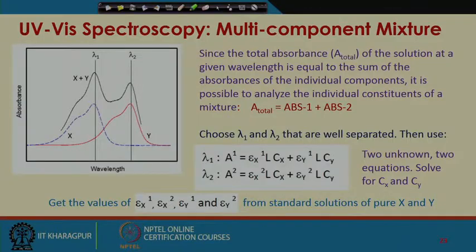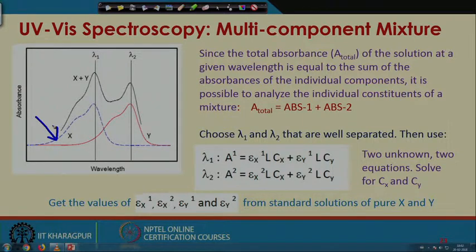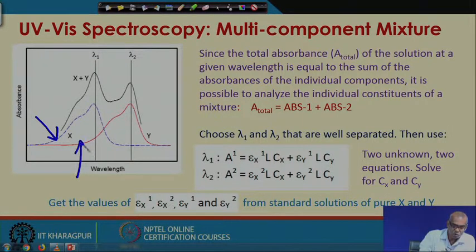What I showed is for the case when you have a single component in the solution. Suppose you have a mixture, I have two components, let us say x and y. I can still extend this for multi-component mixture as follows. Now, let us say this is the absorption spectra for pure x and this is absorption spectra for pure y.